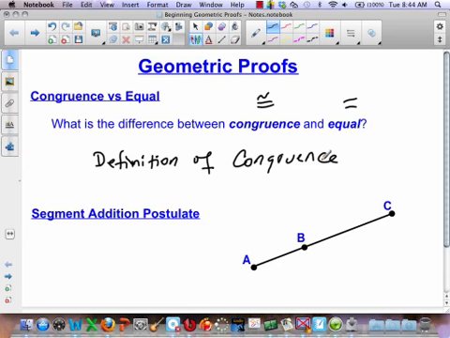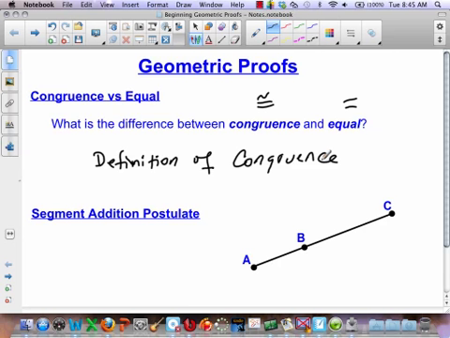We're going to see how that works out in our proofs.